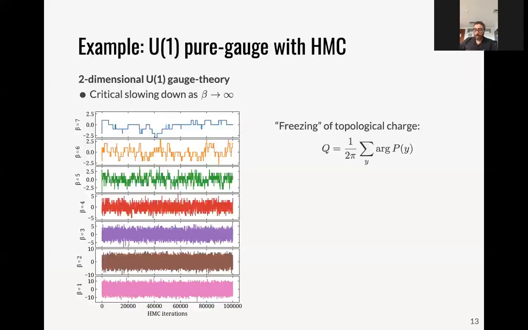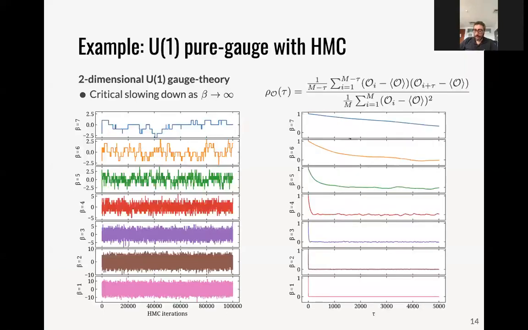So if you were to compute the autocorrelation as a function of the separation for these quantities, then you would get something like this, where I'm plotting rho of tau, which I defined before, for the case of the topological charge.